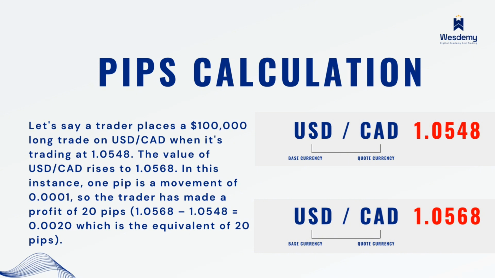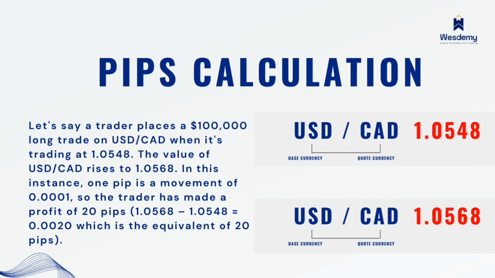First of all, the trader placed a buy position on USD CAD when price was at 1.0548. Now the value increased to 1.0568, so this trader is in profit. In this instance, one pip is a movement of 0.0001. So the trader has made a profit of 20 pips.